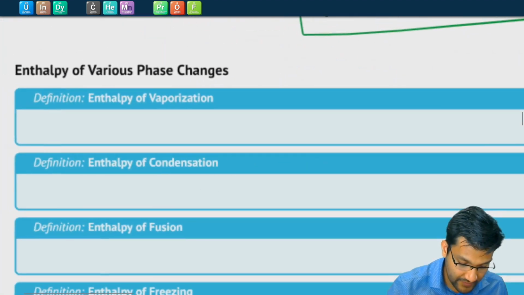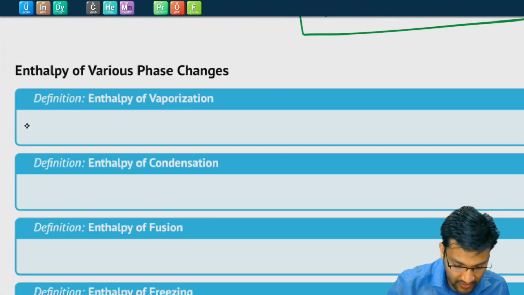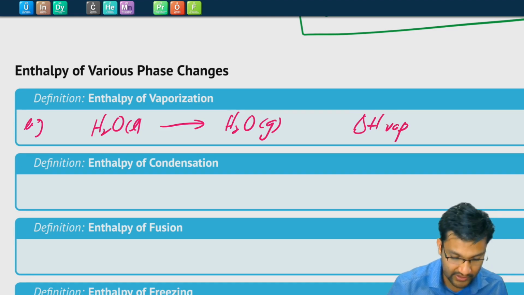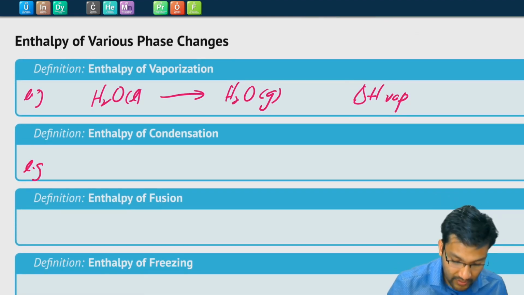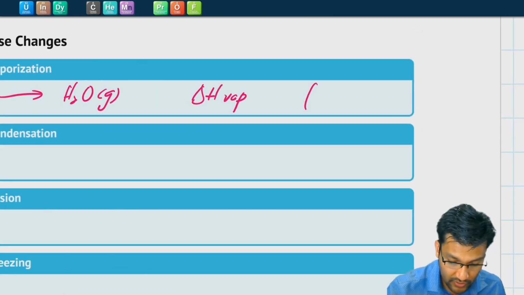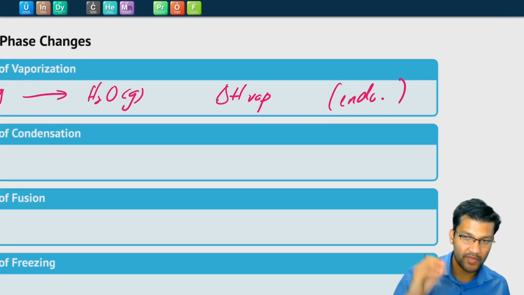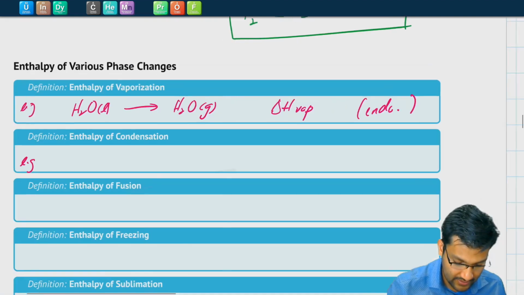So for enthalpy of vaporization, I'm just going to give an example for all of these: water going from a liquid to a gas, and that's the enthalpy of vaporization. The enthalpy of condensation is the opposite, right? So vaporization will usually be endothermic, because you need to add energy to the system to make it go from a liquid to a gas.